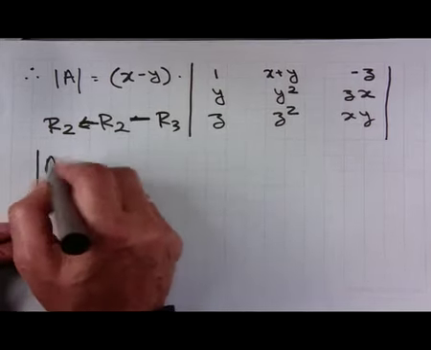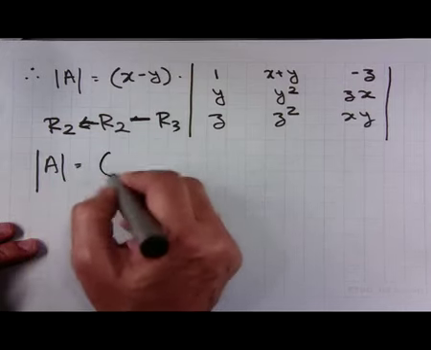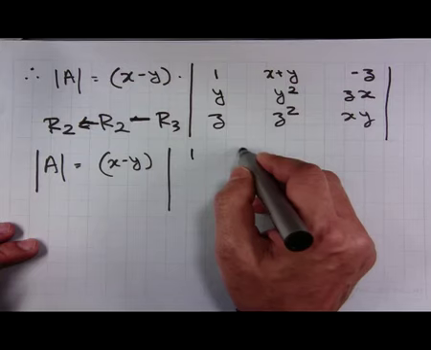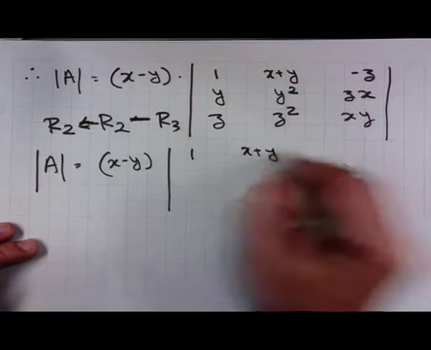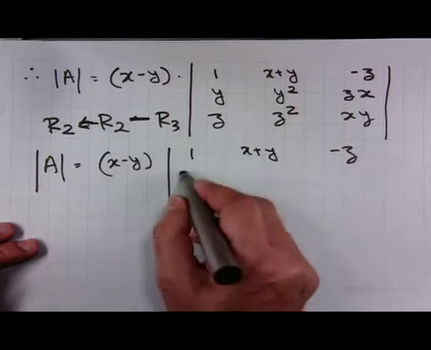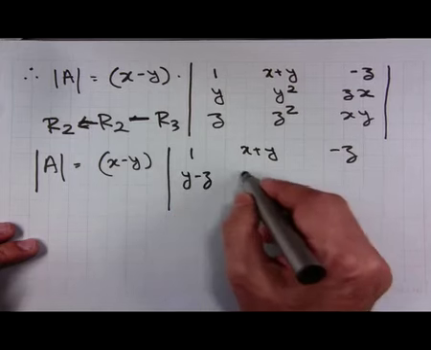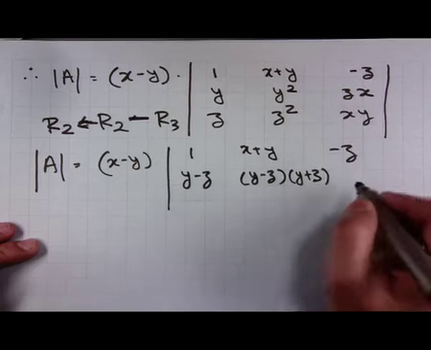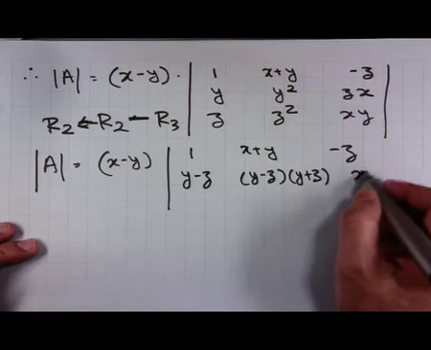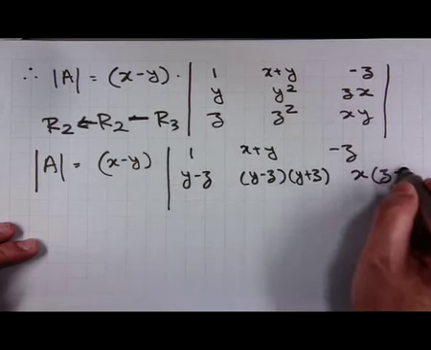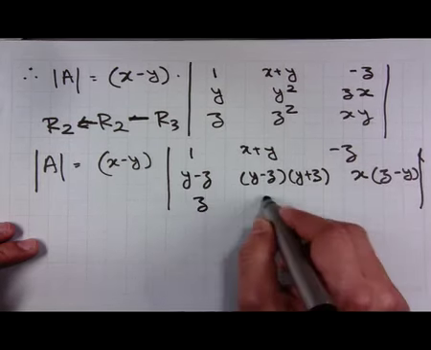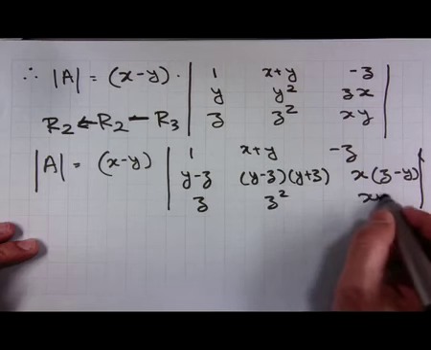Therefore, determinant of A is equal to x minus y into determinant of 1, x plus y, minus z, y minus z, y minus z into y plus z, x into z minus y, z square, xy.